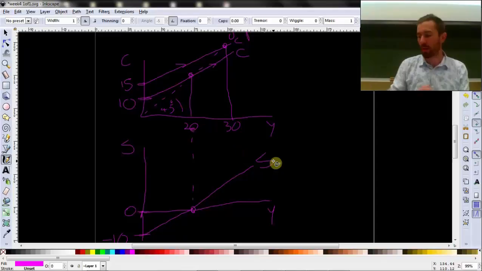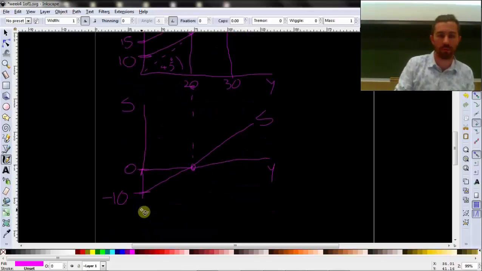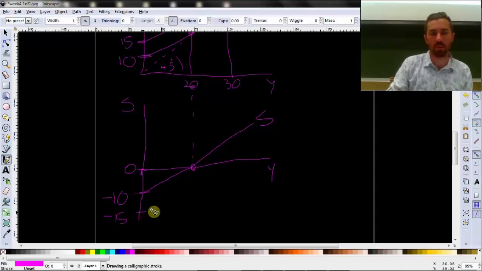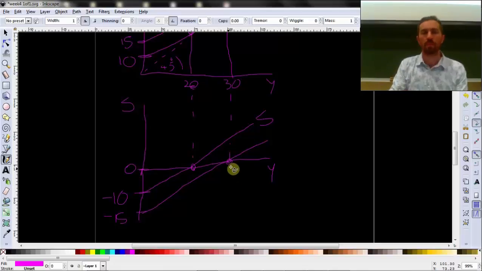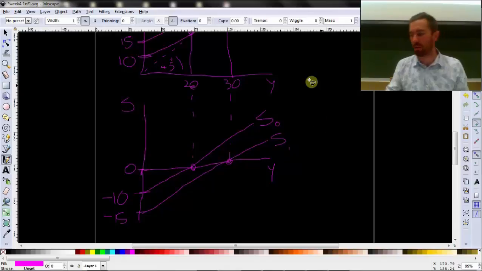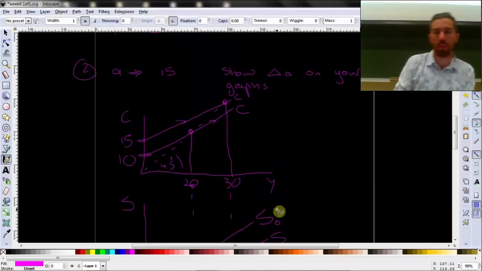What would happen to our savings function? Our savings function would have shifted down, and our intercept happens at the same value, 30. So let's call that S1, S0, and C0, C1.